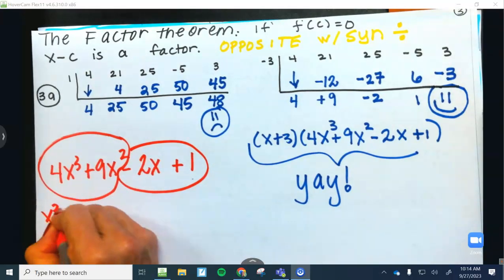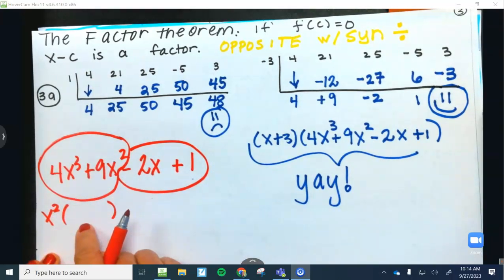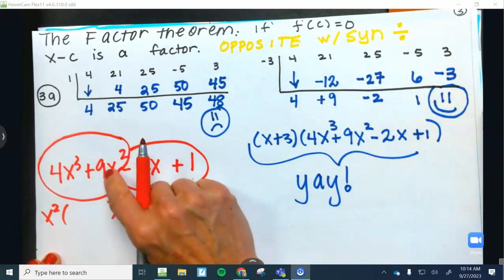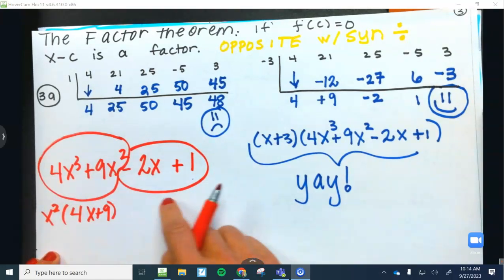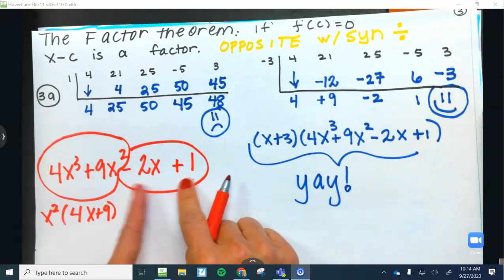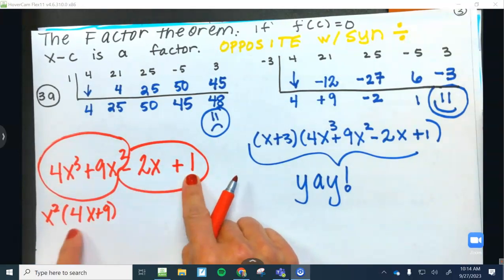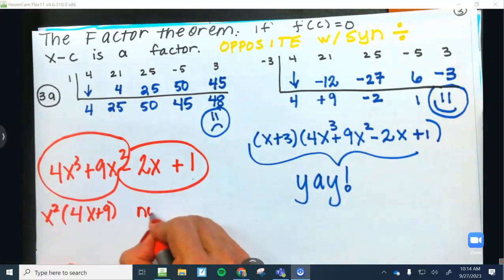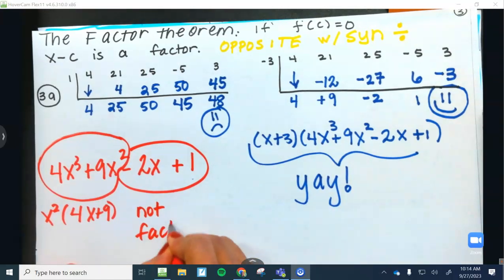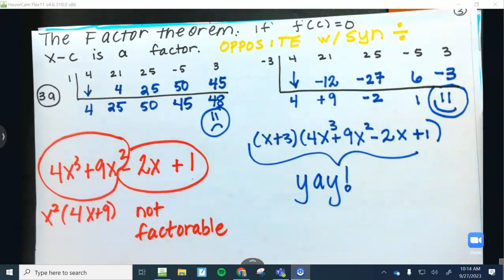What's going to be in here? 4x plus 9. There is nothing I can take out of this to make those numbers turn into a 4x plus 9. So it's not factorable, but you always have to check.